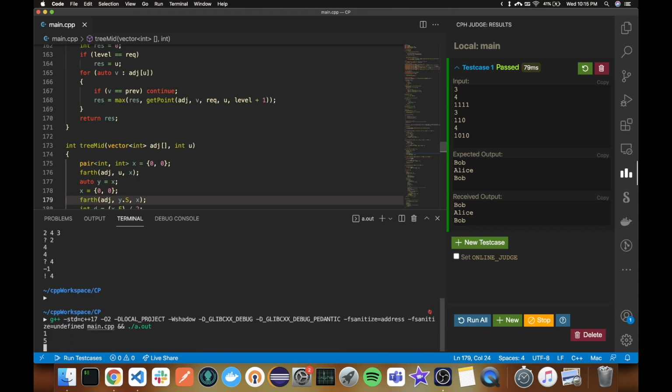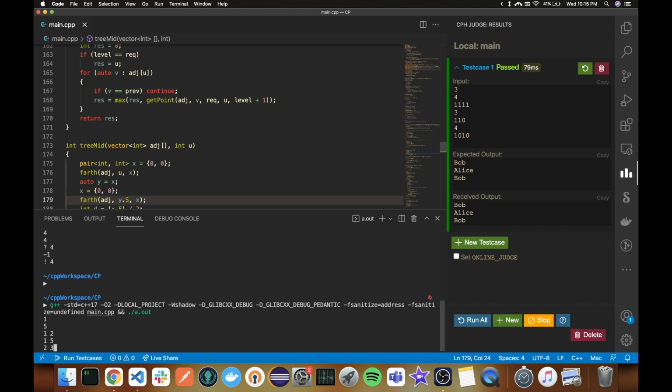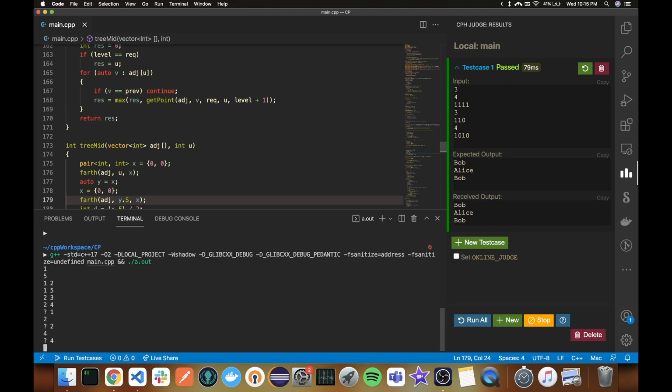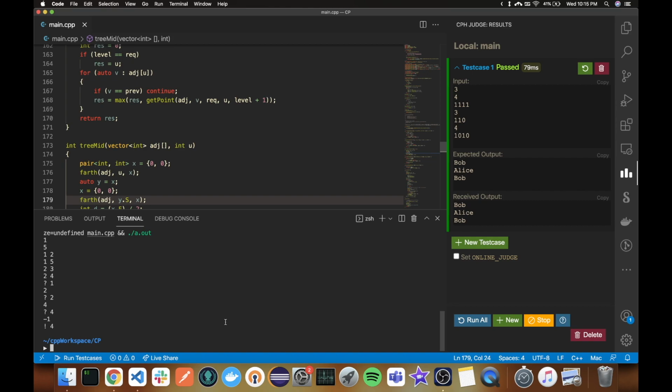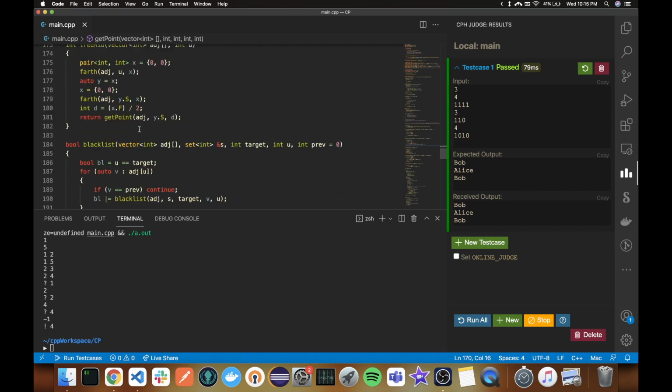1 5, 1 2, 1 5, 2 3, 2 4. At 1, 2, 2, 4, 4, negative 1. Okay, good. This was the problem. Distance should be the actual diameter, not half the diameter or whatever this y is, right? So I go from y dot second and make x. Okay, from y dot second, yeah, I go d.